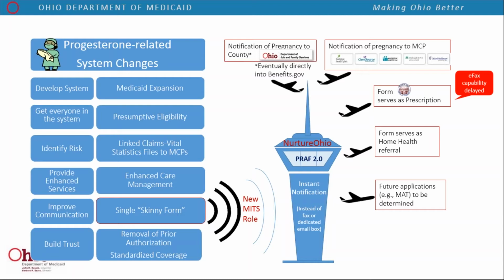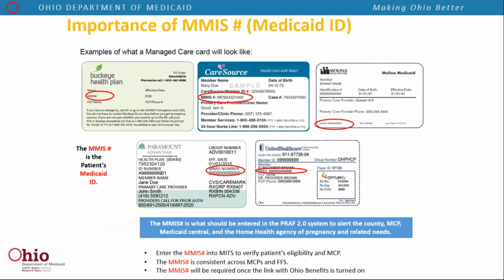And then as I said earlier, the eFax capability is delayed, but you can still print it off and use it as a prescription. And also, we are actively working with our Department of Administrative Services to get the information to go directly into benefits.gov, which is our eligibility system. Next slide, please.